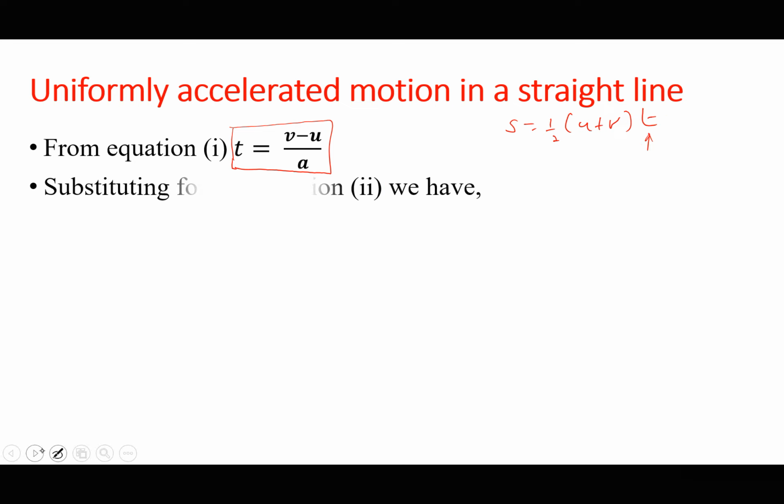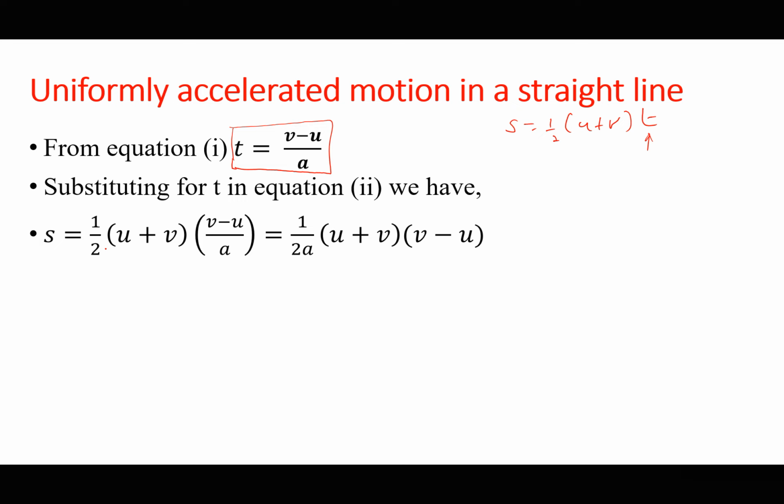So substituting that into equation 2, which was s equals a half into u plus v times t, we have that s equals a half into u plus v, where there is t, I'm putting v minus u over a. And when I do the algebra, I get 1 over 2a into u plus v into v minus u.